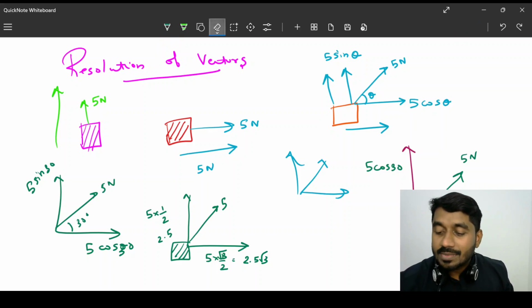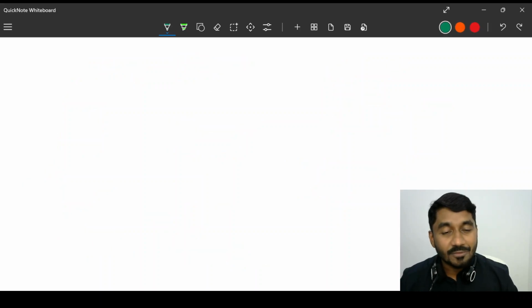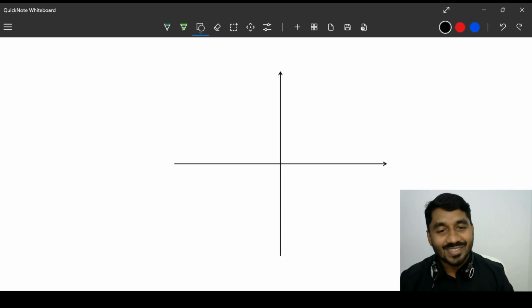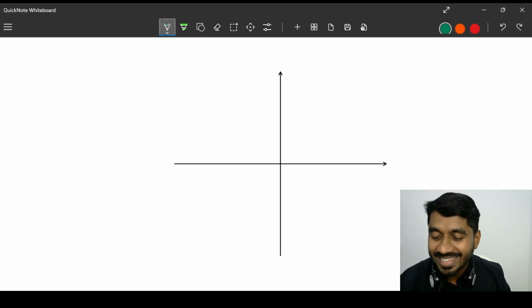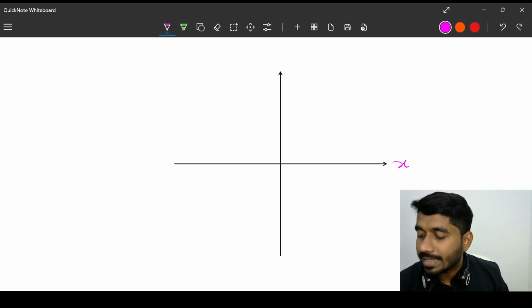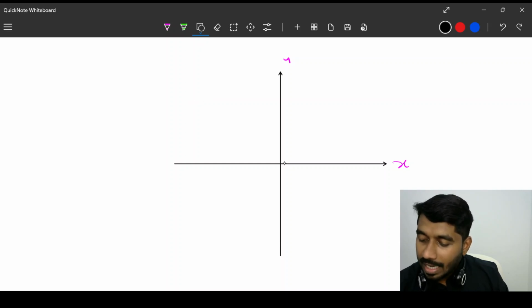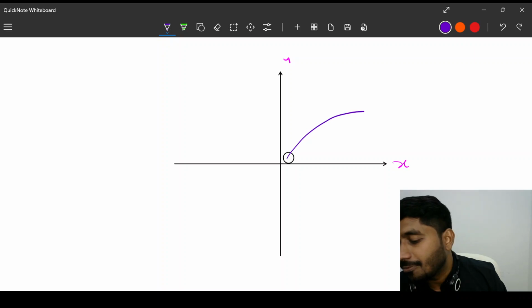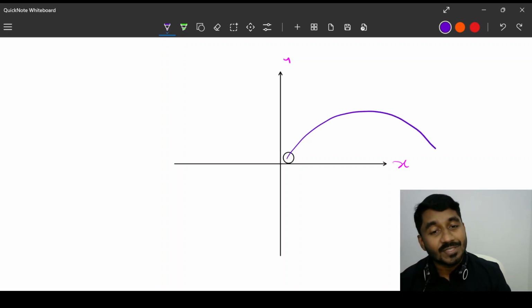Clear? So let's move on to projectile motion. Listen everyone, I am considering a projectile. For example, I am taking an XY axis, right? Beautiful XY axis. This is the x-axis, this is the y-axis. Now I am taking an object, which I project from the x-axis, and it moves like this.